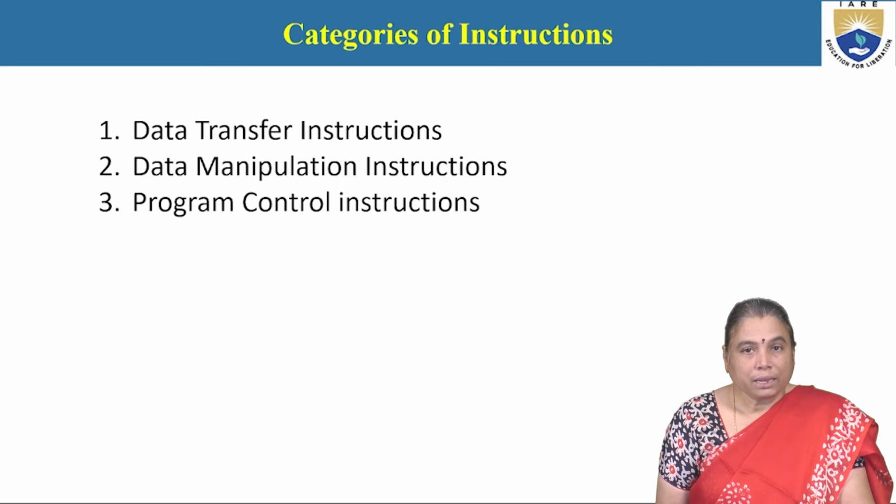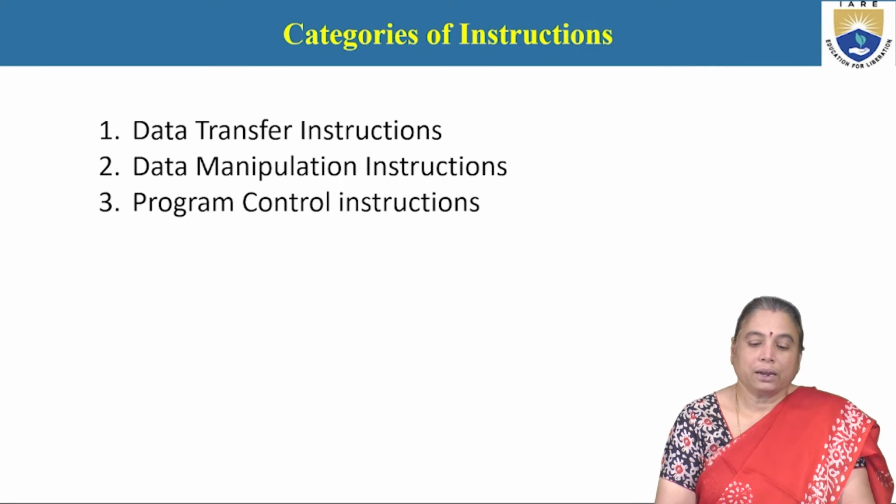The next category of instructions are the data manipulation instructions. The data manipulation instructions facilitate computational as well as decision making capability. There are three categories of instructions under data manipulation instructions.